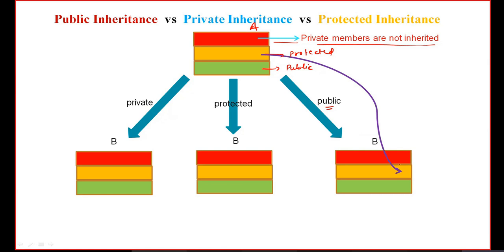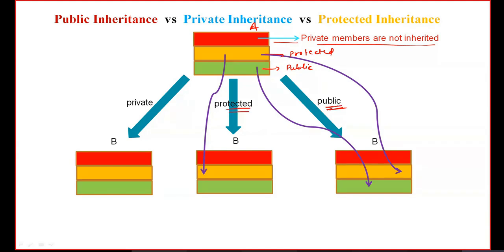Whatever is public in my base class will remain public in my derived class in case of public inheritance. Whatever is protected in my base class will remain protected even when I am doing protected inheritance.